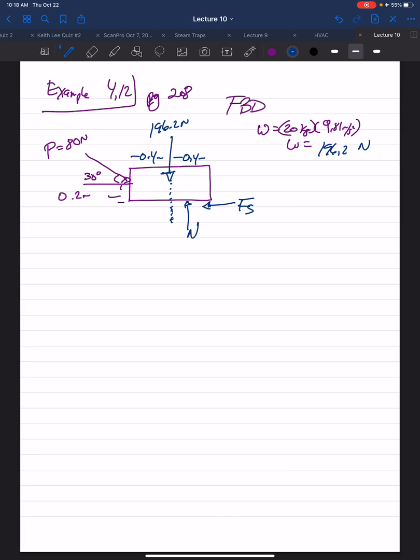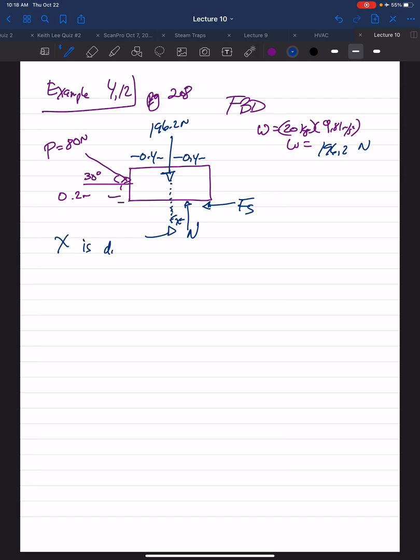So our normal force. So we have two unknowns. Well, actually three, because they want us to solve for where the normal force acts.